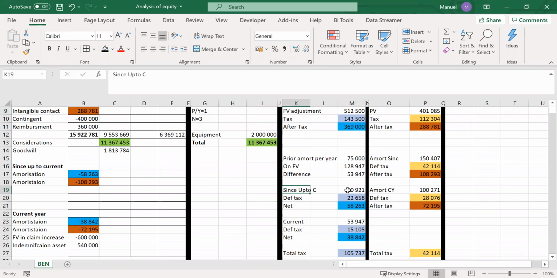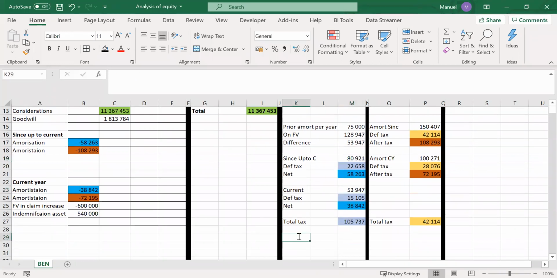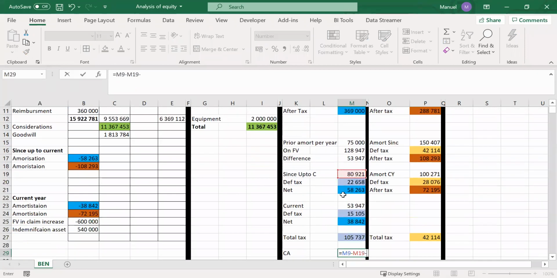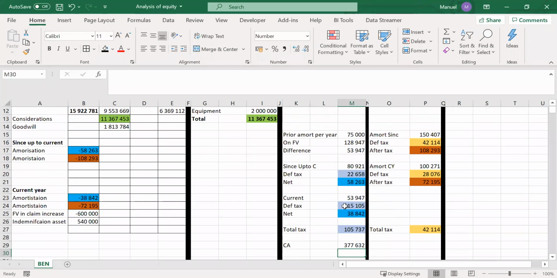For the period up to the current year, amortization of 80, and the current year is then 134. So the fair value adjustment on the asset at the end of the year will be your fair value adjustment minus the amortizations: 377,632.